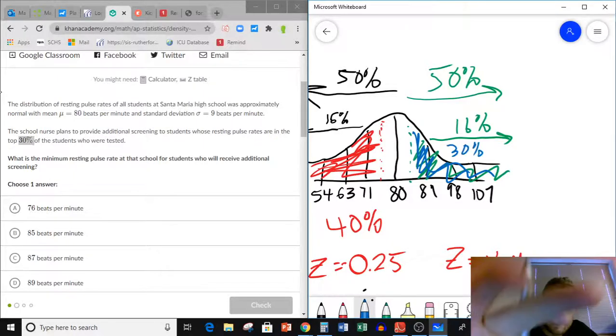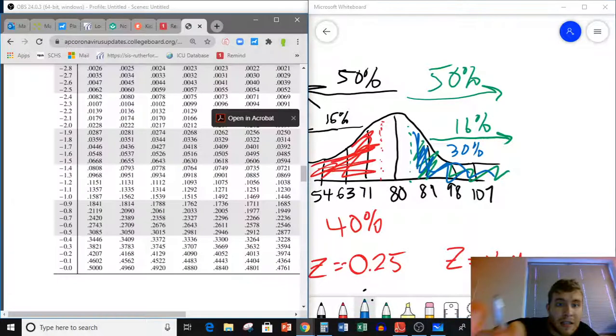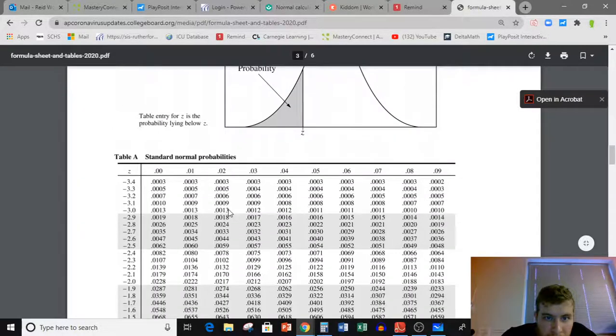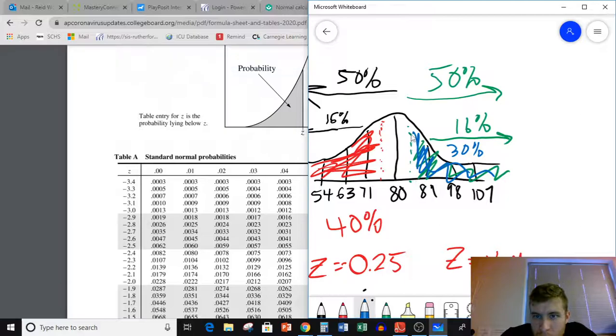Now, if I go back to my table, we're going to do the exact same process, except it's just slightly different. If I go to 30%, let's find that. It looks like this is going to be at negative 0.52. There's an issue. Is that z-score negative 0.52? Remember, z-scores are distance from the mean.